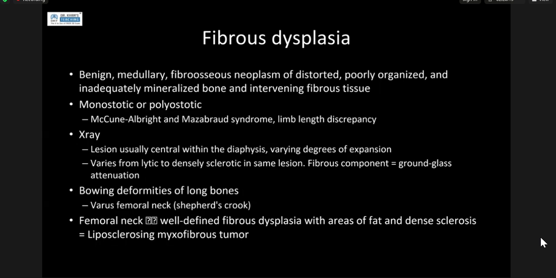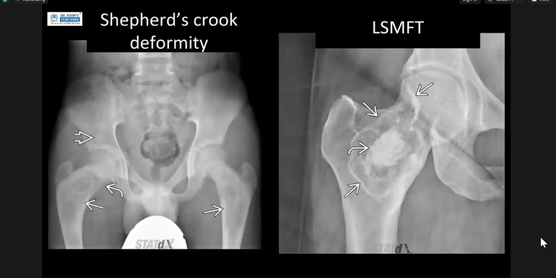A good note just to put in here is, the first image shows a nice example of the shepherd's crook deformity. The second image shows a lesion which I'd like you to be aware of.